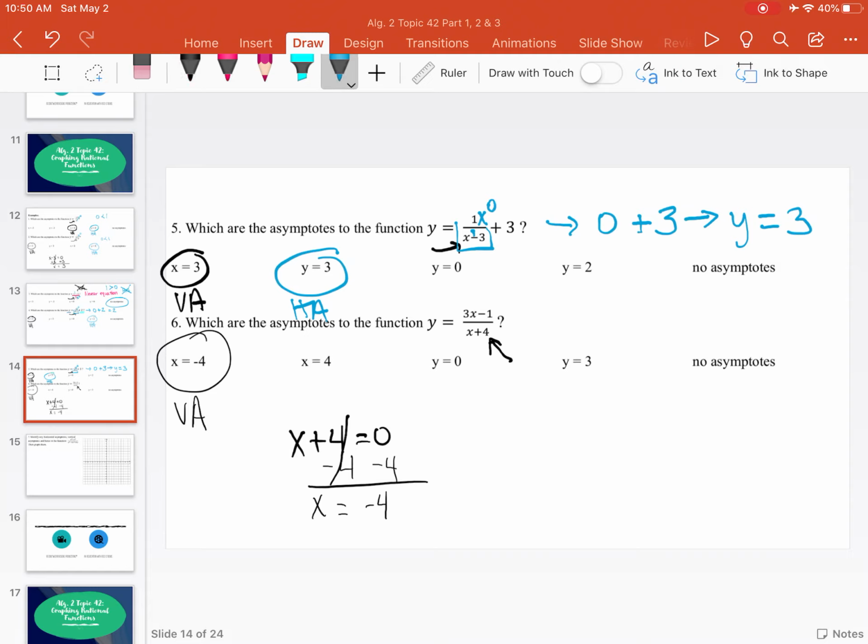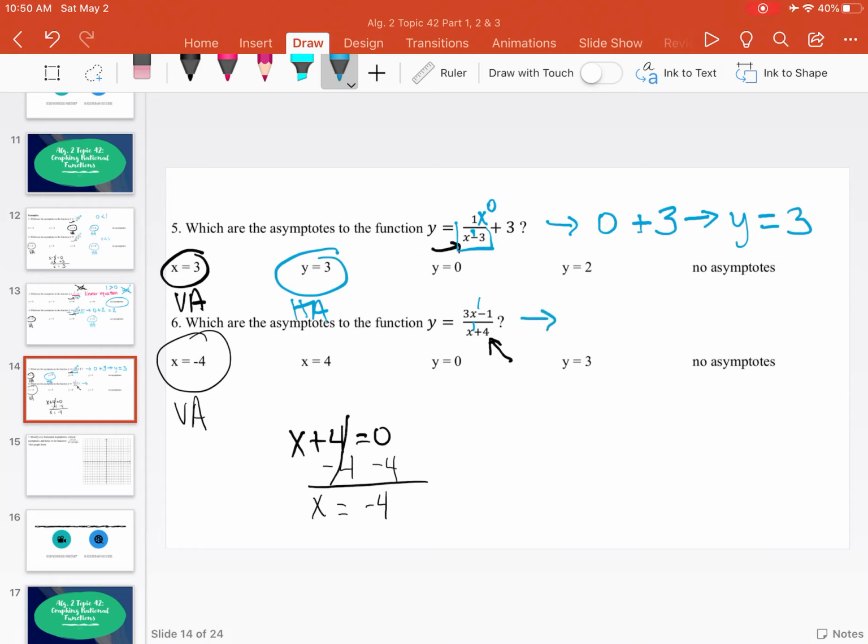For the horizontal asymptote, I notice that I have a degree of 1 in the numerator and a degree of 1 in the denominator. So, the degree of the numerator is equal to the degree of the denominator. For my horizontal asymptote, I want to take the leading coefficient of the highest power in the numerator and divide it by the leading coefficient of the highest power in the denominator.